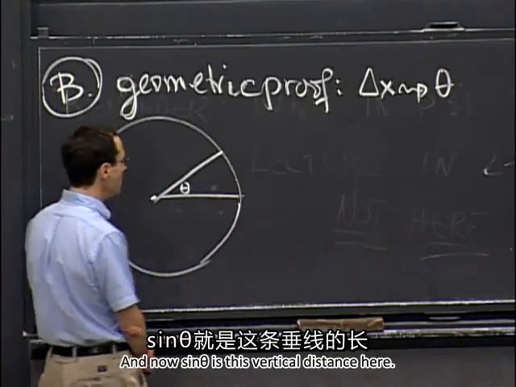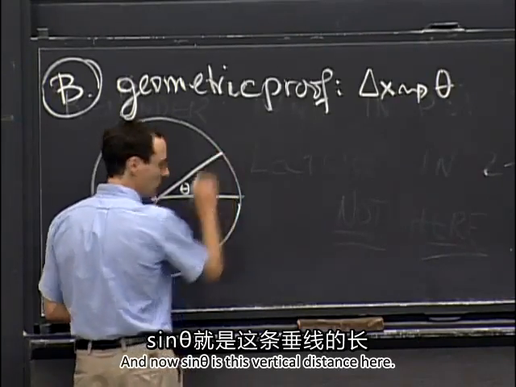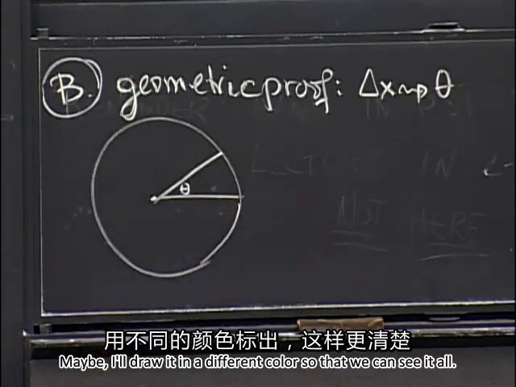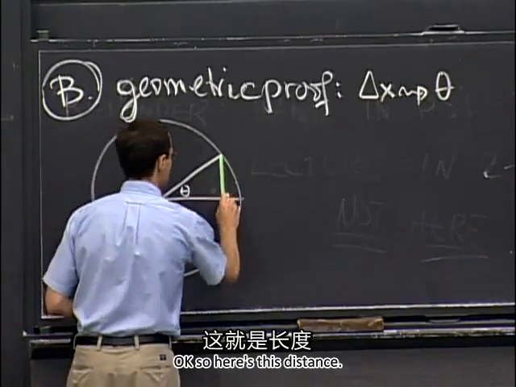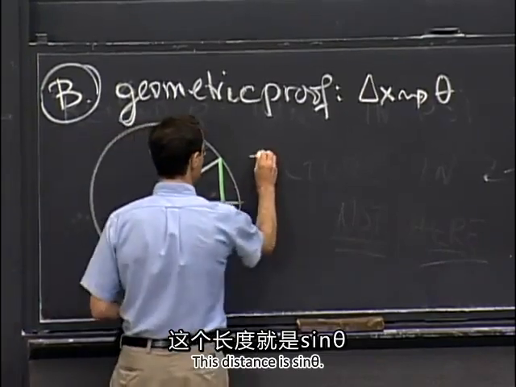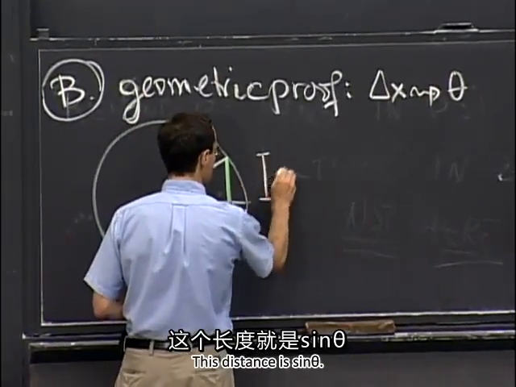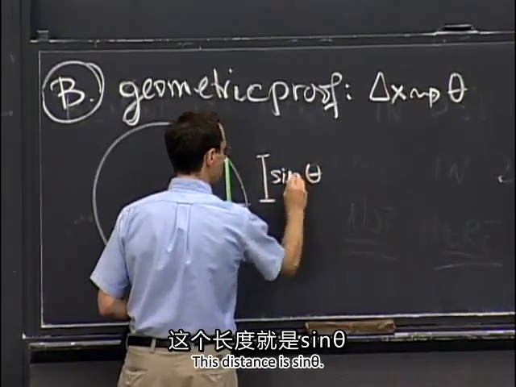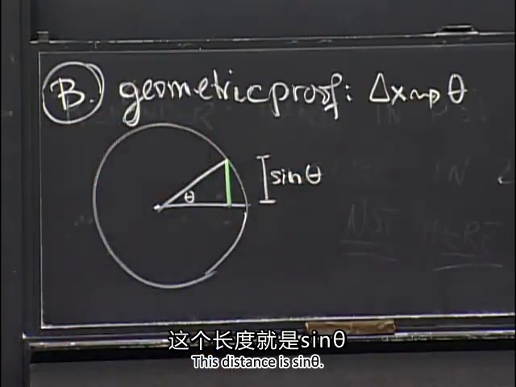And now sine theta is this vertical distance here. Maybe I'll draw it in a different color so that we can see it all. Okay, so here's this distance. So this distance is sine theta.